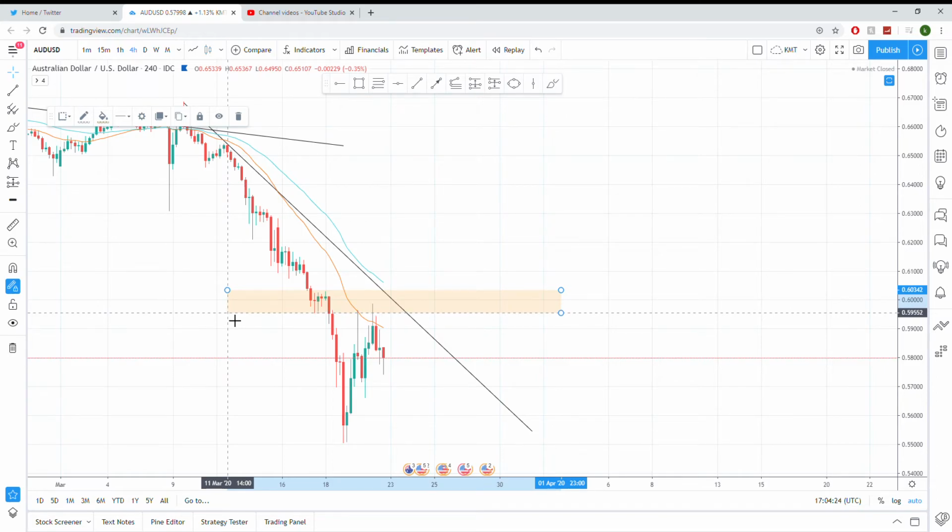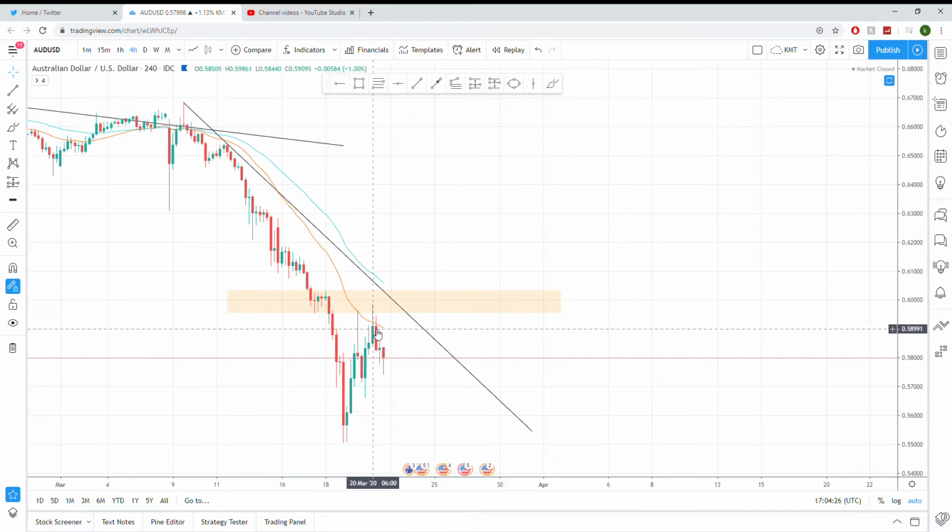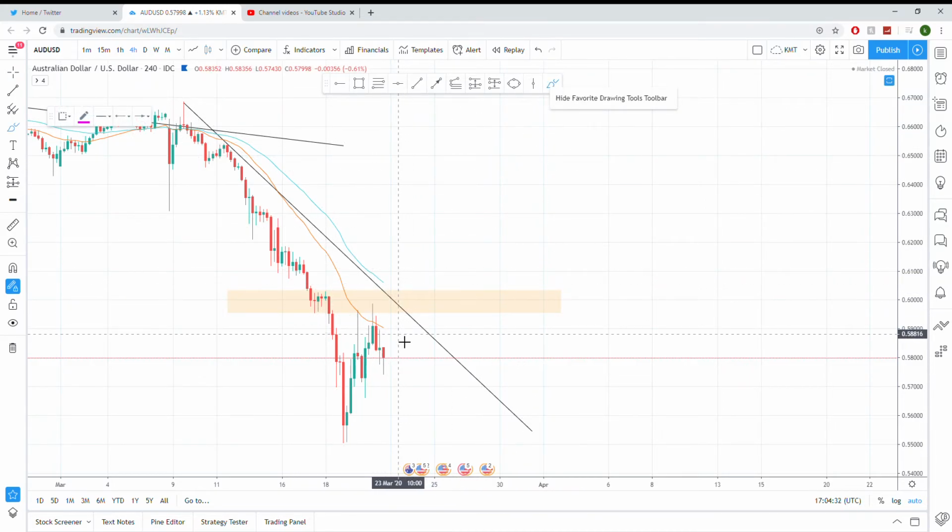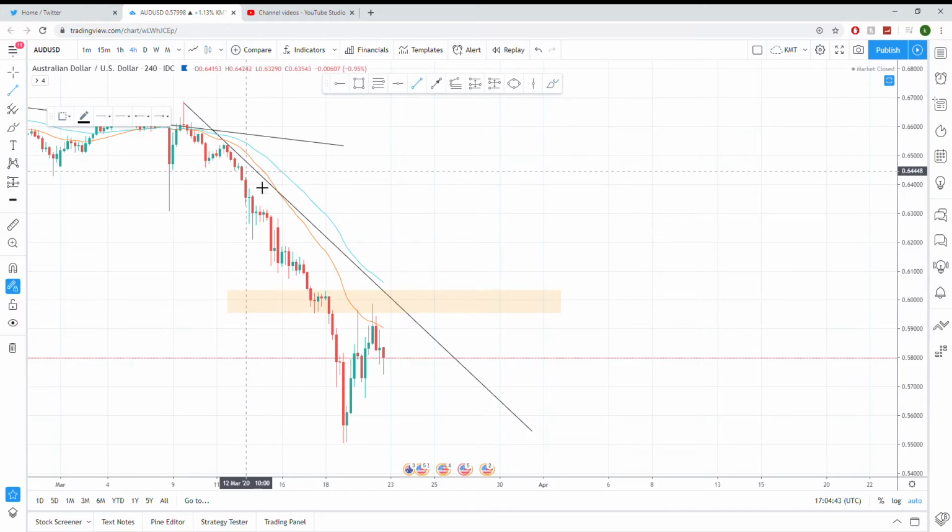rejection candle here. There's a nice rejection here. If we are able to close above here, then we could be looking at some bullish sentiment, and it goes the same with the other US dollar pairs. If you notice, all of the current pairs are pulling backwards, so potentially we're looking at the pullback.